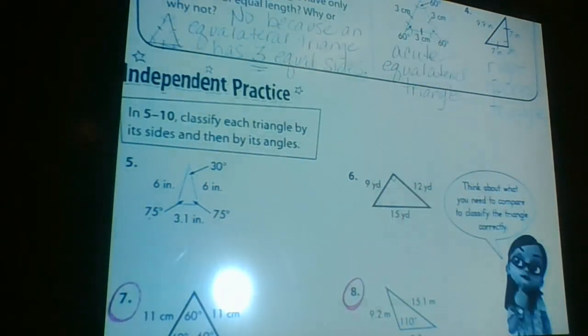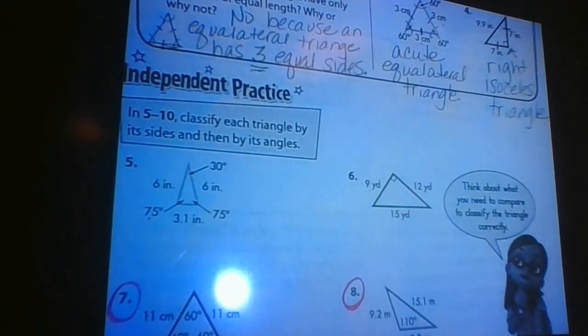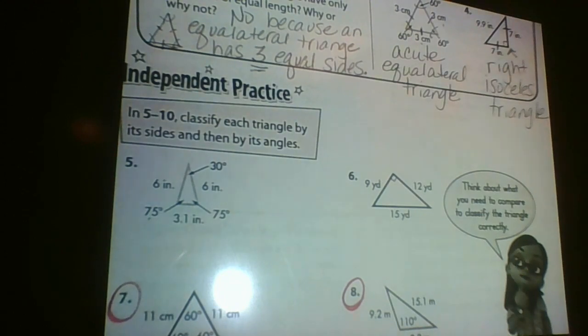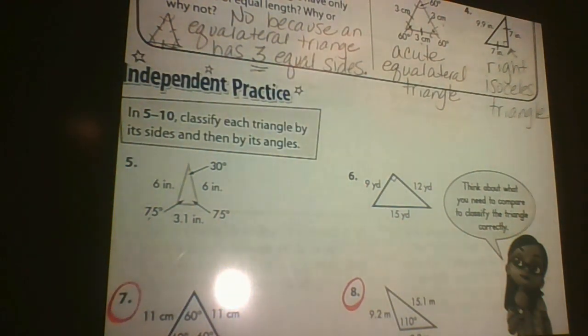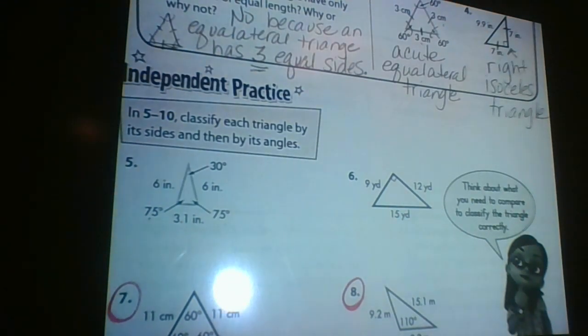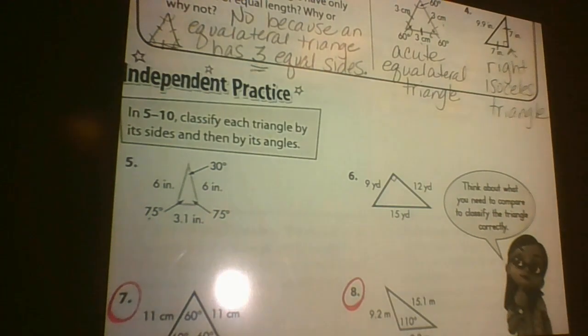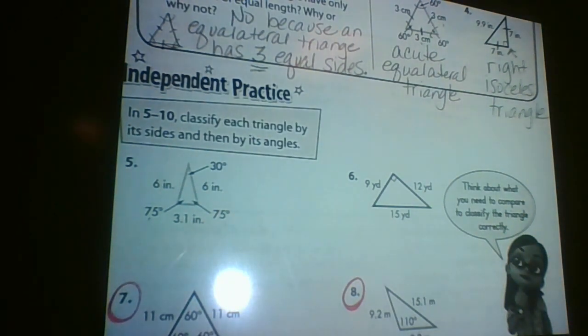A right triangle has one 90-degree angle. The triangle that's smaller than that is the acute triangle, and it has angles that are less than 90 degrees. The triangle that is larger than a right triangle is the obtuse triangle, and it has one angle that's bigger than 90 degrees.